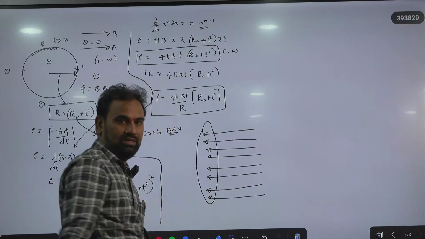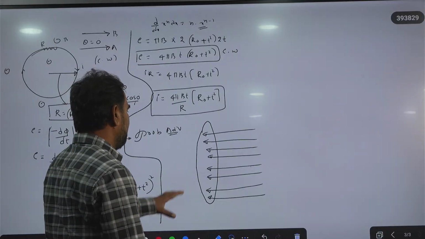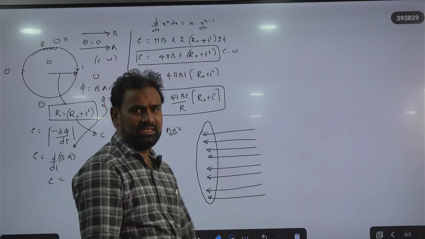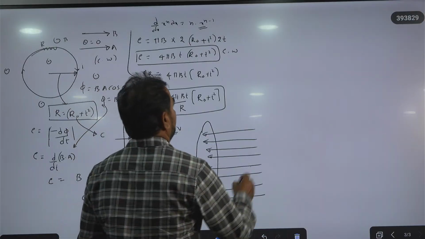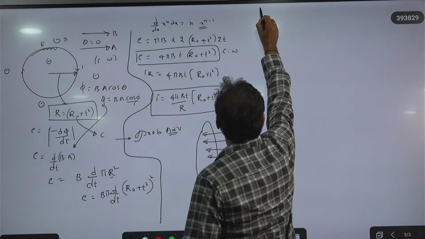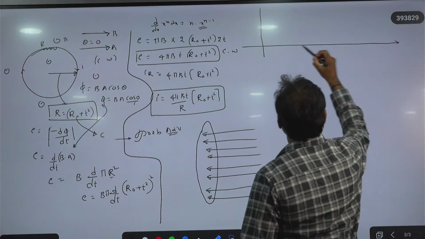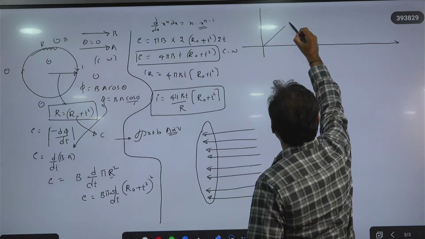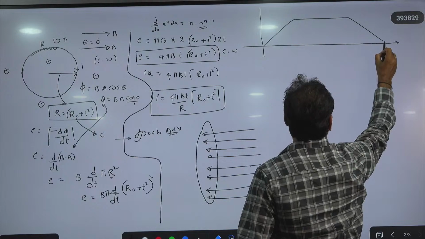Okay. When a magnetic flux is increased across the loop, what happening is that the induced current and time relation graph was given like this. Here 0 to T1 दिए, T1 to T2 है, T2 to T3 ऐसा दिया बेटा.